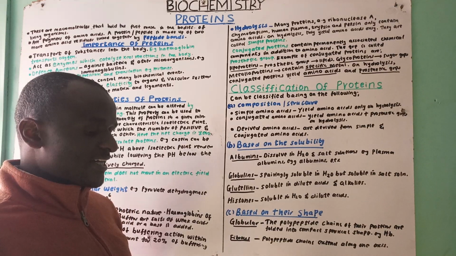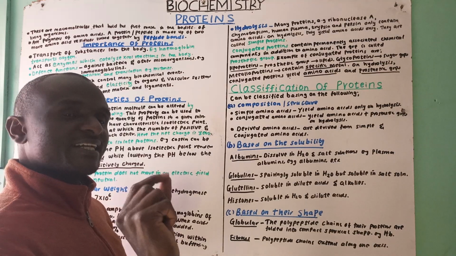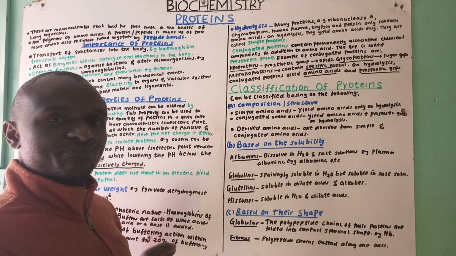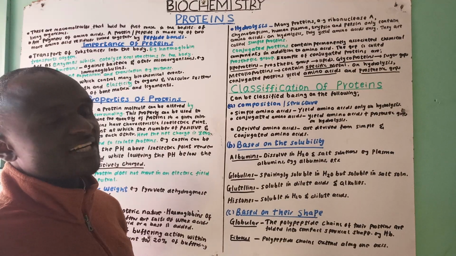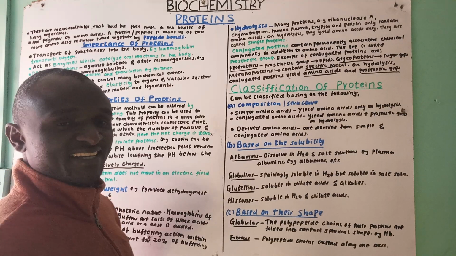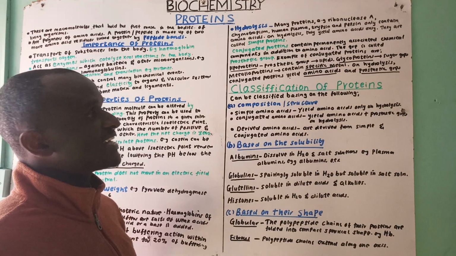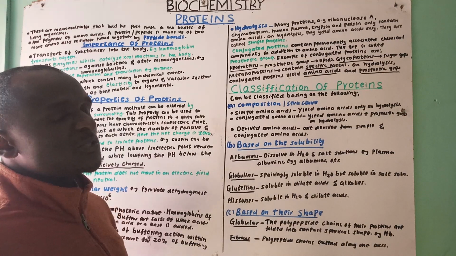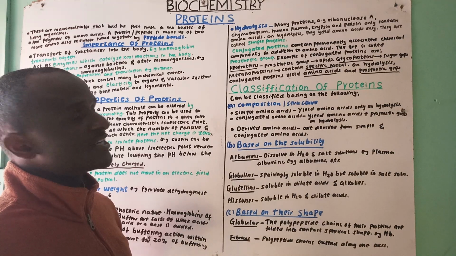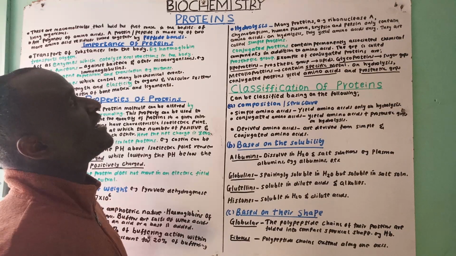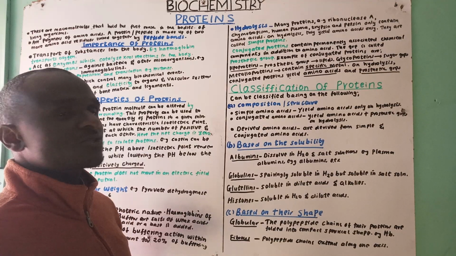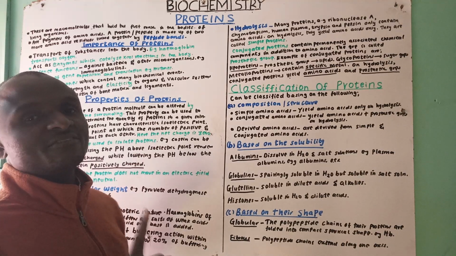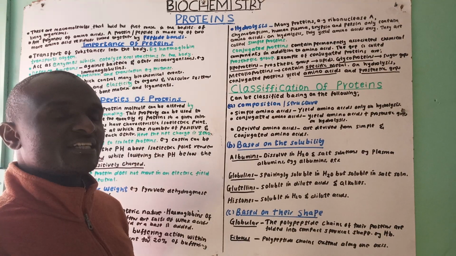Then we also selected some group of amino acids that contain sulfur atoms only. If you can remember cysteine, cysteine contains a sulfur atom on the side chain. Then we also looked at the amino acids whose side chain contain a cyclic compound. Those ones, we looked at tyrosine, phenylalanine, and tryptophan.